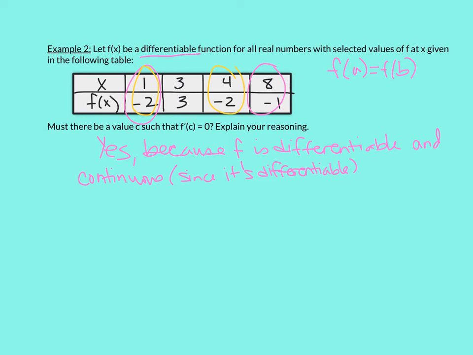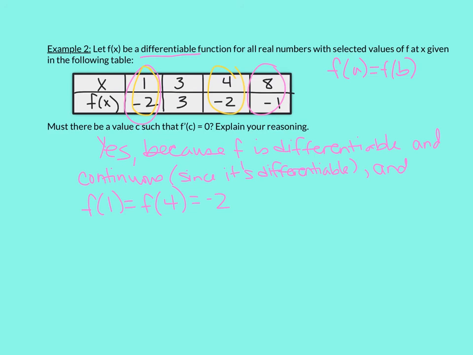That means that our c value is actually going to appear between 1 and 4. So it will be satisfied. So f is differentiable, f is continuous, and we know that f of 1 equals f of 4, which is negative. Both of them are equal to -2.